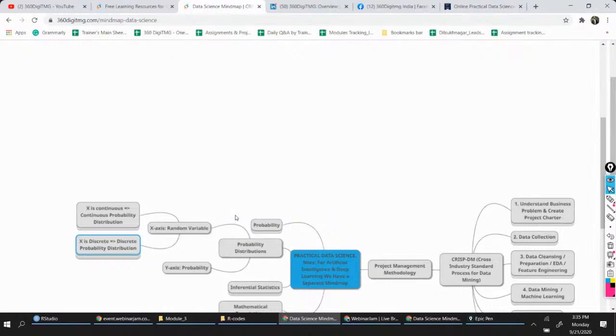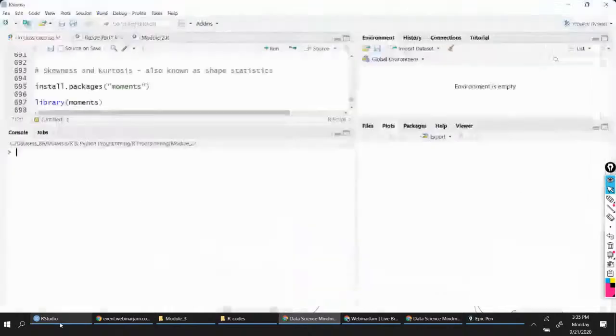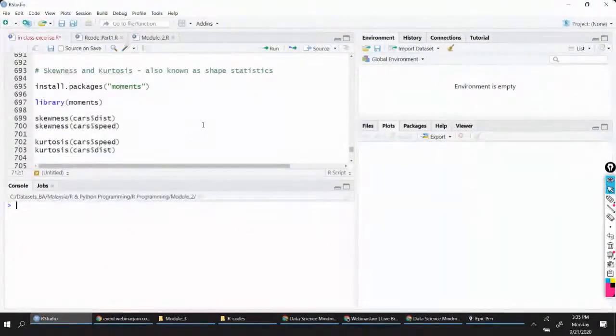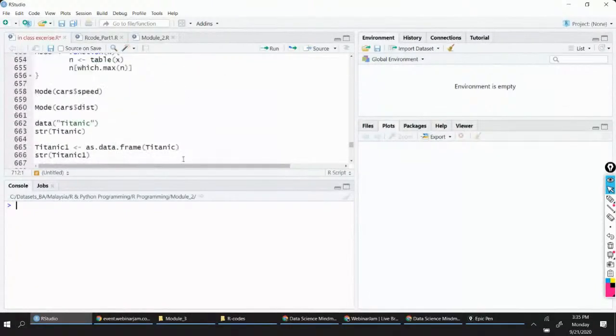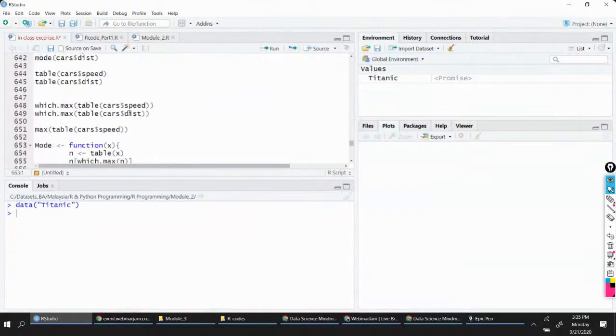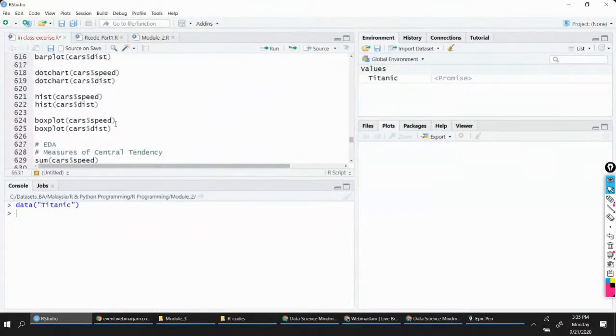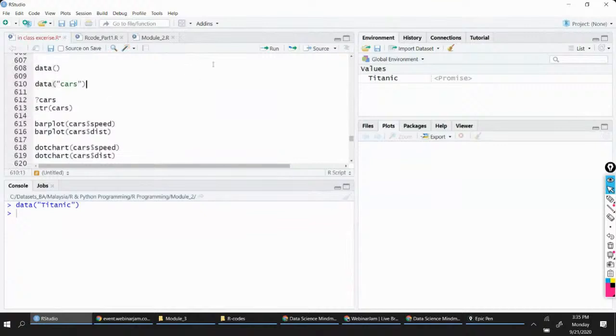But what if you have continuous data? We'll not be able to see that properly, right? So let me load the data here. Yeah, data of cars.